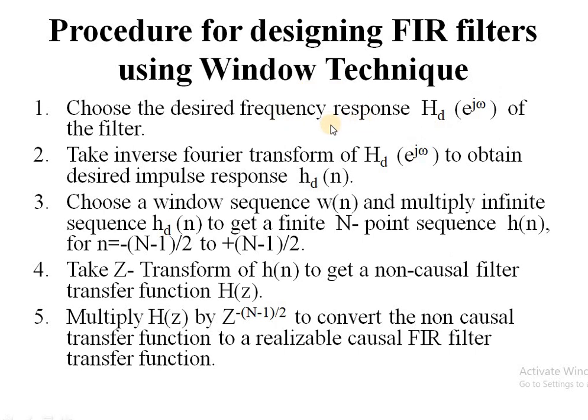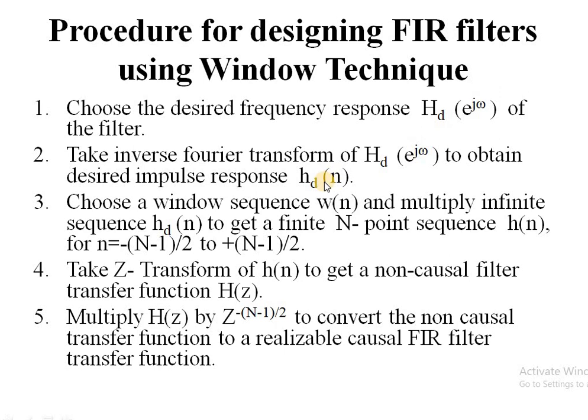Based upon the number of samples of the windowing sequence and the type of the window that we are using, now proceed further in order to find out the inverse Fourier transform of the desired frequency response that they have given, to obtain the desired impulse response HD of n.